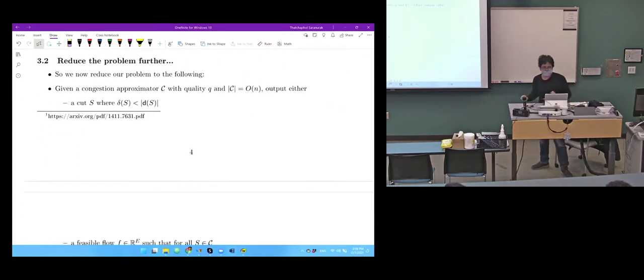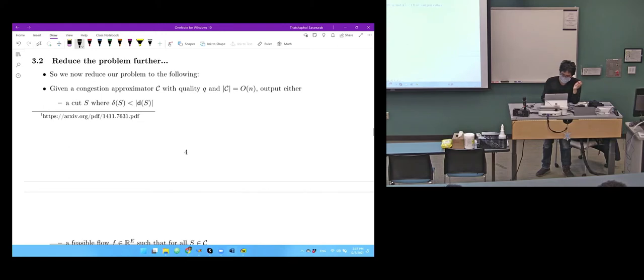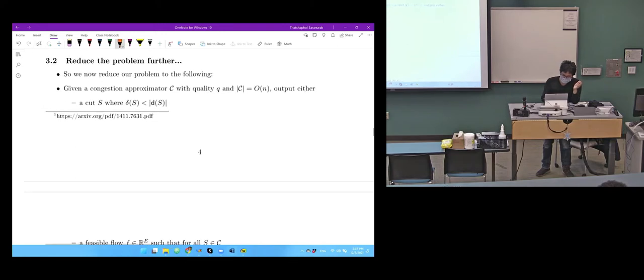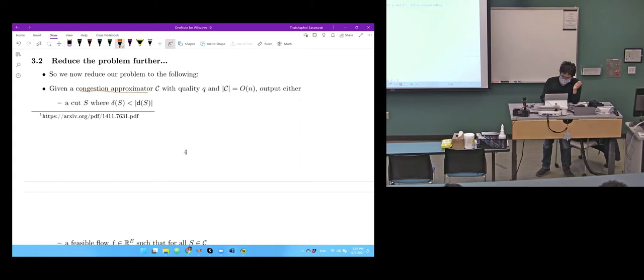I'm going to show that this congestion approximator exists. It means that if you are given a congestion approximator with quality Q, and there are just n many cuts in this approximator, then we can reduce the goal further, right?